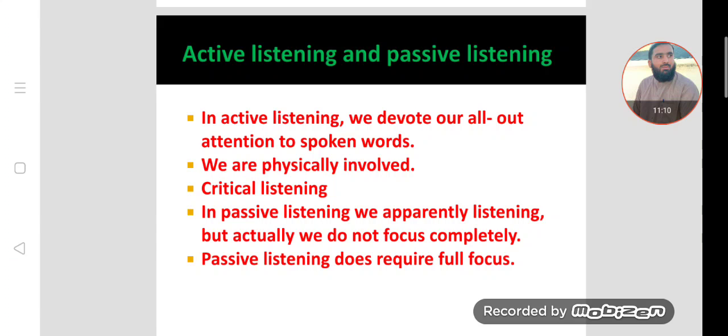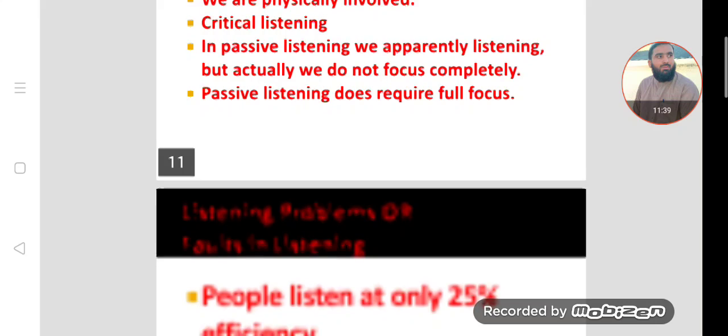In passive listening, we apparently listen, but actually we do not focus completely. So for active listening, complete or full focus is needed. And in passive listening, we are listening, but we are not actually focusing fully on the speaker's words. Passive listening does not require full focus, and active listening requires full focus.